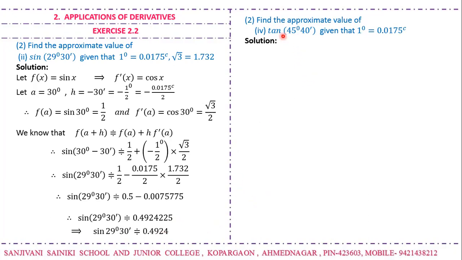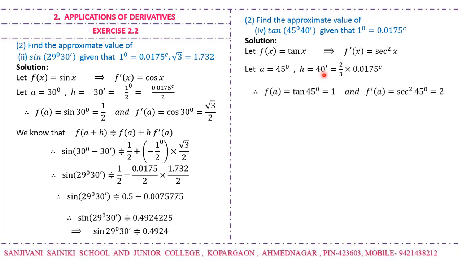The next example is tan 45 degree and 40 minutes. So here I have to choose a as 45 degree and h is 40 minutes, and 1 degree is 0.0175 radian. So 40 minutes is equal to 40 upon 60, converted into degrees. 40 minutes is same as 2 by 3 degree. So we are dividing 40 minutes by 60 to convert it into degrees.